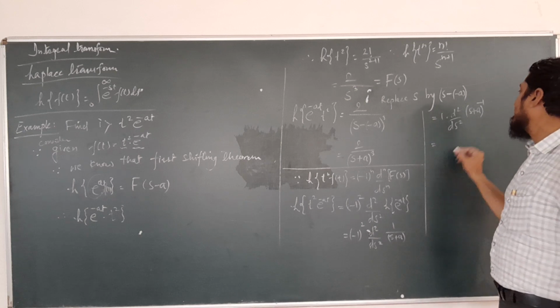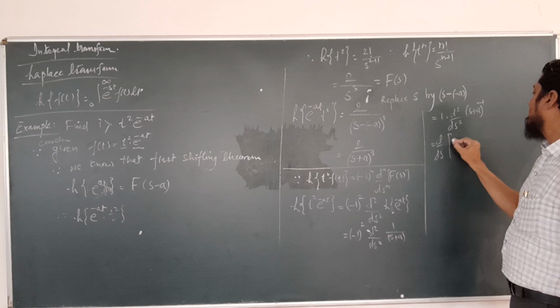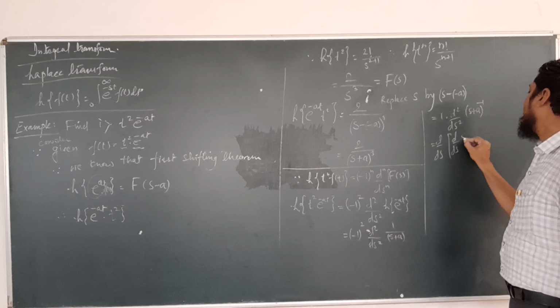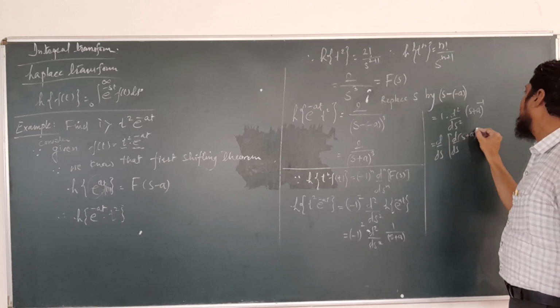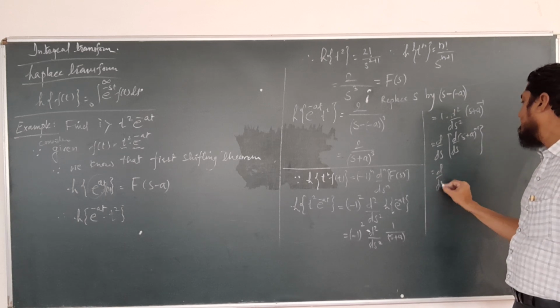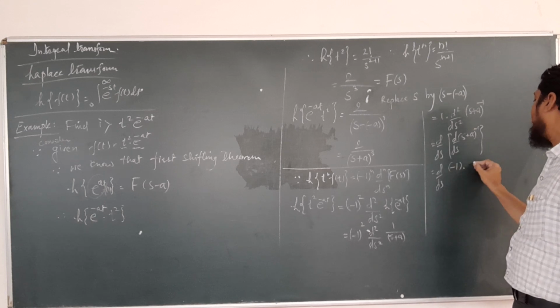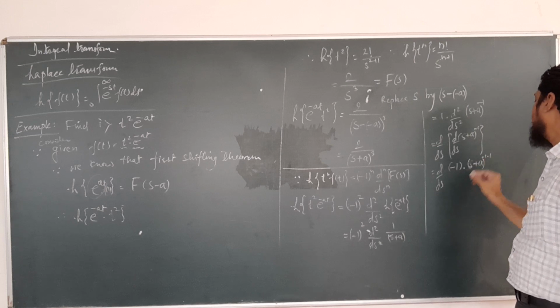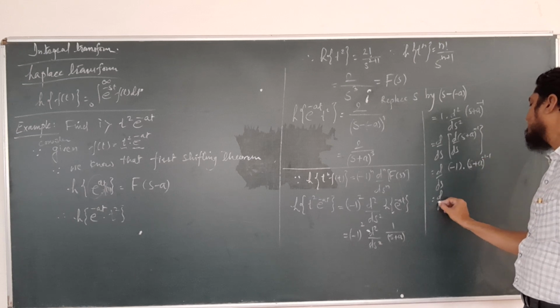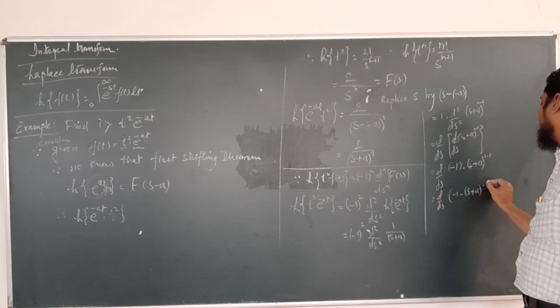When we differentiate the first time, we get d by ds of (s plus a) raised to minus 1. Since we know that when we differentiate, we get the power in multiplication, it becomes d by ds of minus 1 into (s plus a) raised to minus 2.